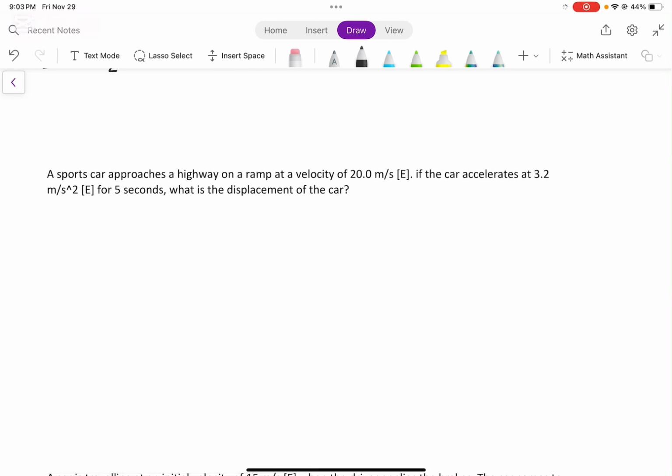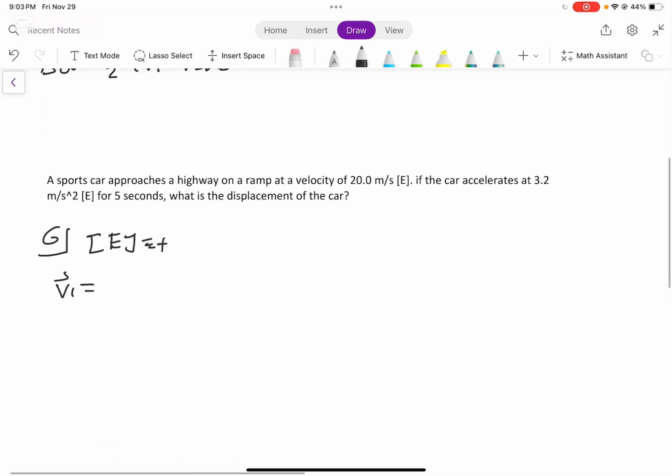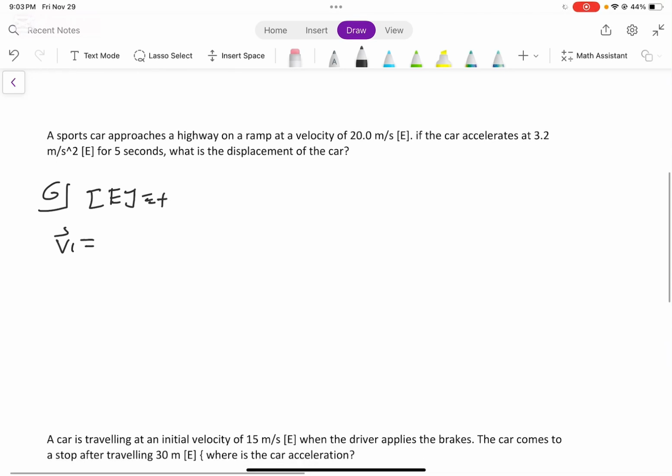A sports car approaches a highway on a ramp at a velocity of 20 meters per second east. So a given, our V1, remember to set east as equal to positive. Remember to always define direction, not to save time, but to make sure everything's cohesive. So east is positive, and then we'll go 20.0 meters per second.